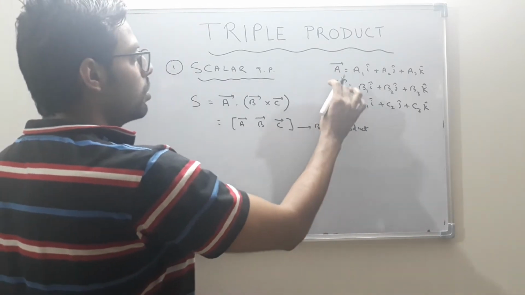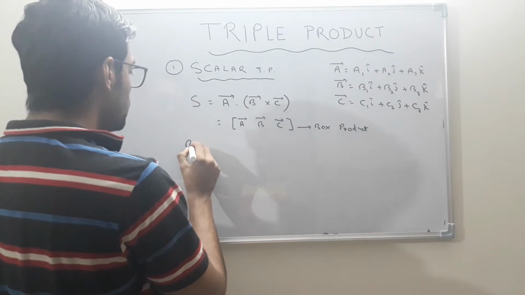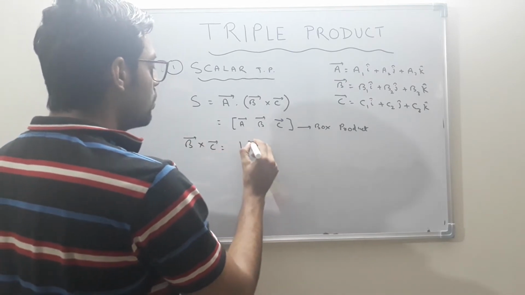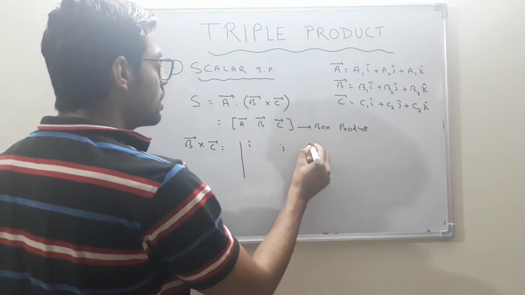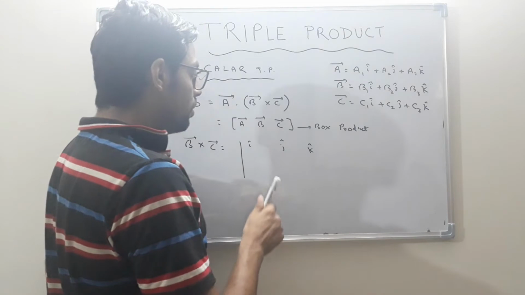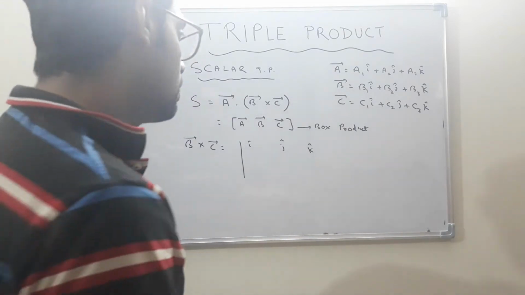First of all you have to perform the cross product of B and C. So let us perform the cross product of B and C. How will it look? i, j, k, b1, b2, b3, c1, c2, c3. I discussed in the previous session how to perform the cross multiplication of two vectors.